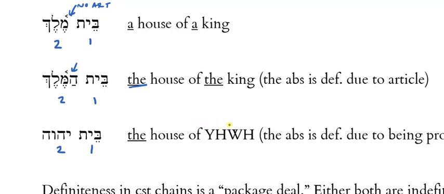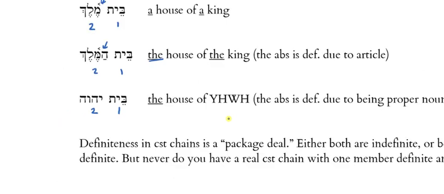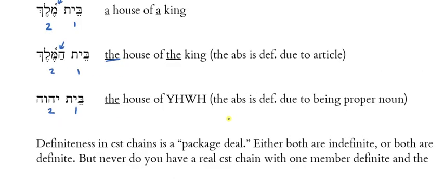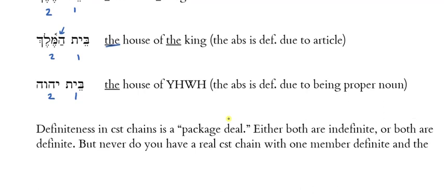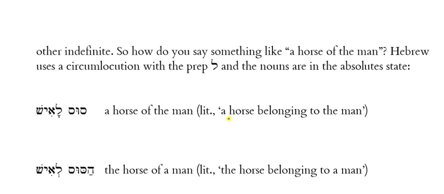The house of Yahweh. So, definiteness in construct chains is, as I describe it here, a package deal. Either both are indefinite or both are definite. But never do you have a real construct chain where one member is definite and the other member is indefinite.